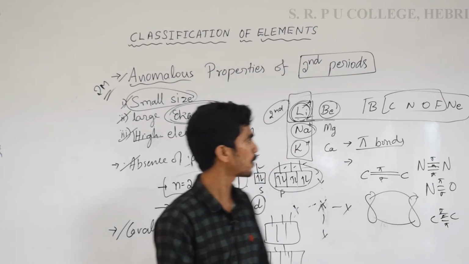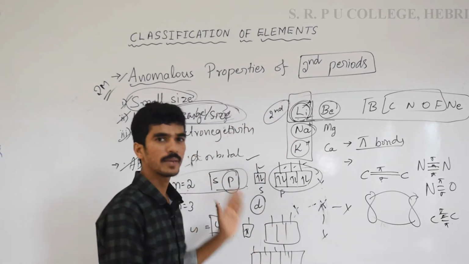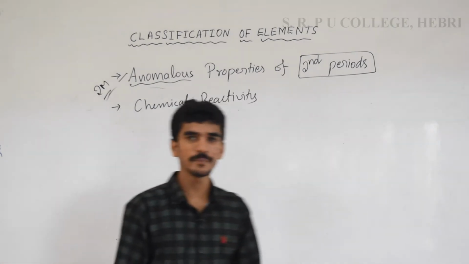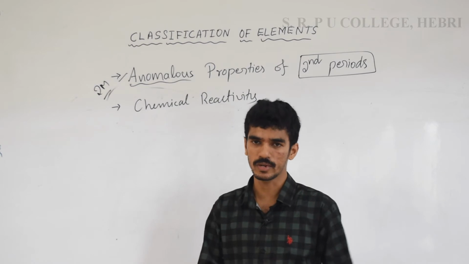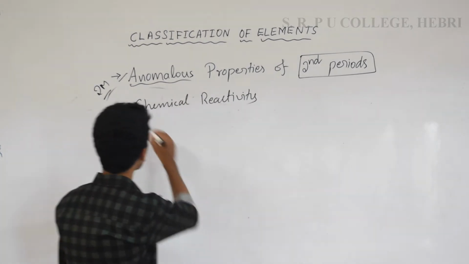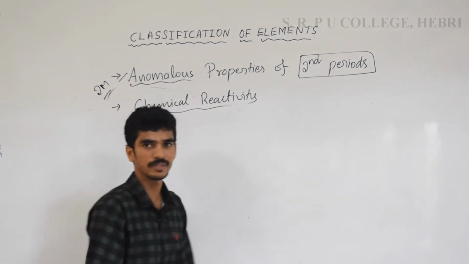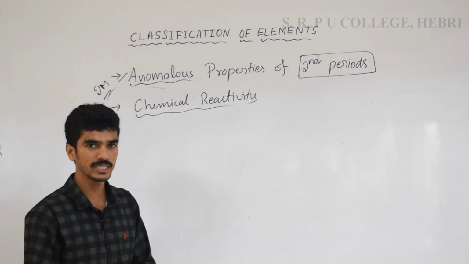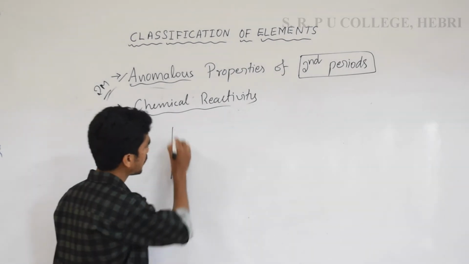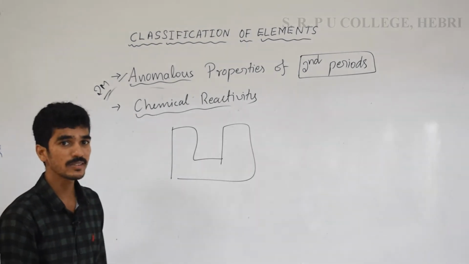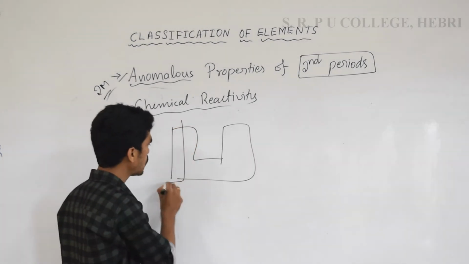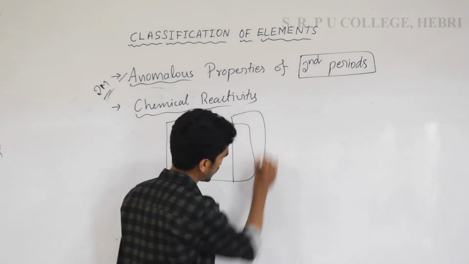Next we'll move to the last part, that is chemical reactivity. Now we'll move to the chemical reactivity of different elements in the periodic table. Before discussing chemical reactivity, we should know the properties of each element in the periodic table. Now imagine this is a periodic table, with leftmost elements and rightmost elements.